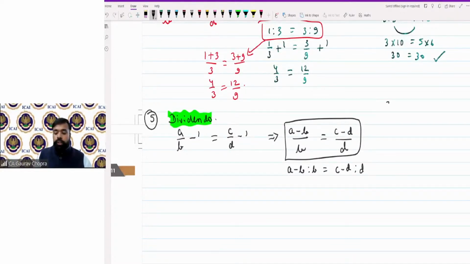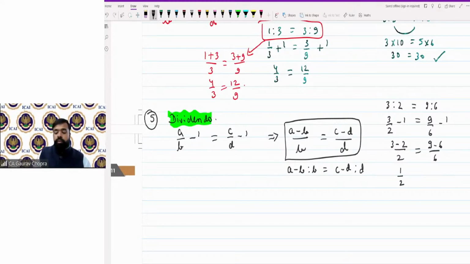So let's check once again. 3 ratio 2 is equal to, let's say, 9 ratio 6. So at present, this is in proportion. Now, if you apply dividendo, so 3 by 2 minus 1 and 9 by 6 minus 1. So what we are getting, 3 minus 2 upon 2 and 9 minus 6 upon 6.